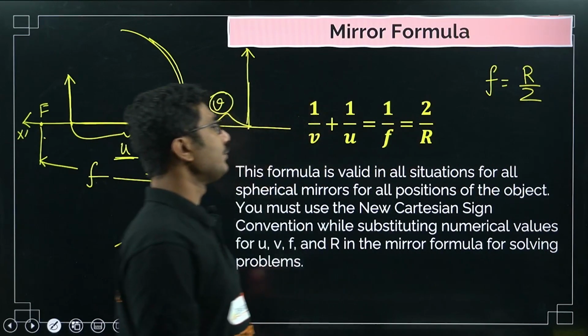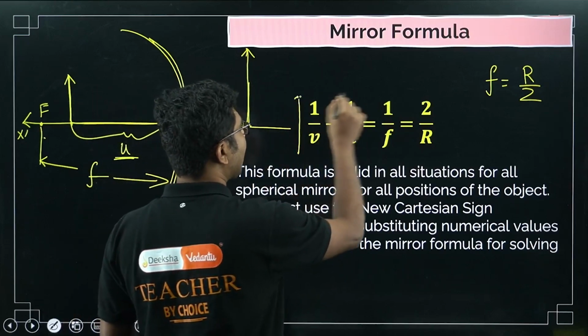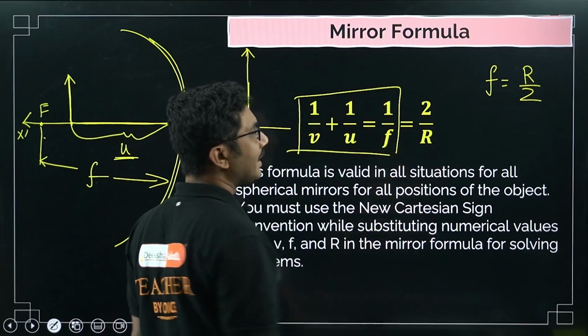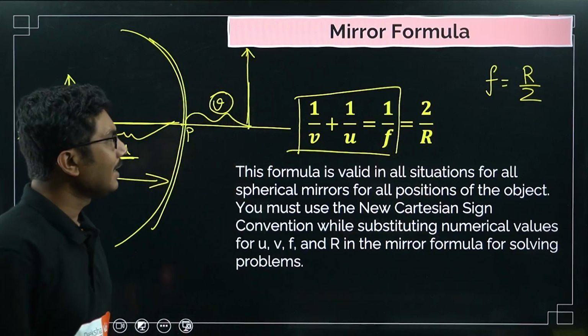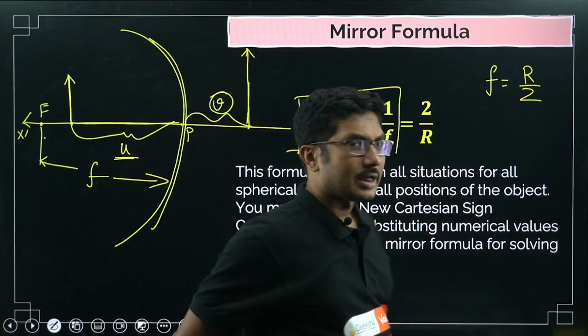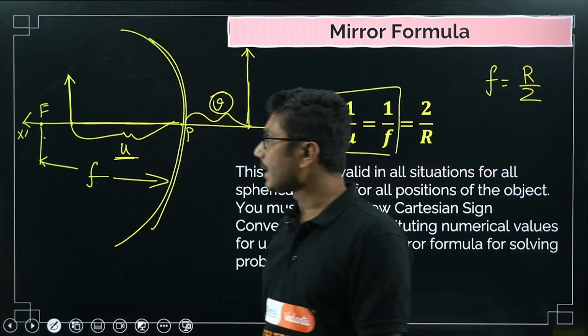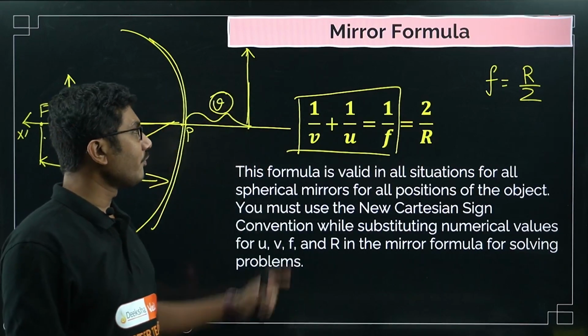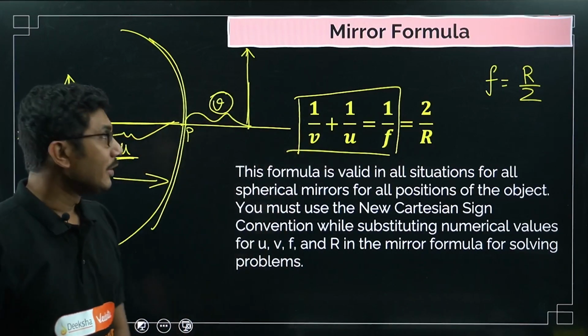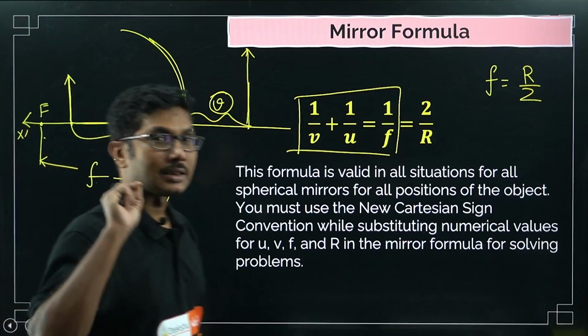Sometimes we will use this formula directly, sometimes we will include r as well, but for most purposes this formula is okay. Remember that whenever you are inserting the values of u, v, f, etc., you have to use the proper sign convention.